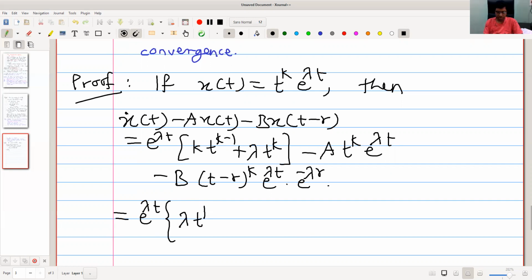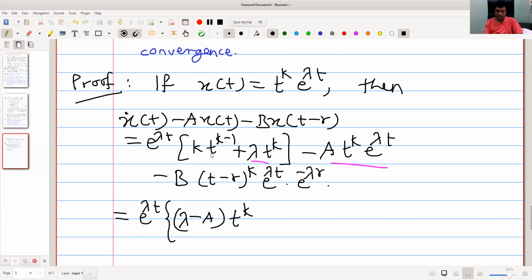There are some more terms with t raised to k. Let us take these terms together. So this is lambda into t raised to k, and this is minus a. So lambda minus a into t raised to k.